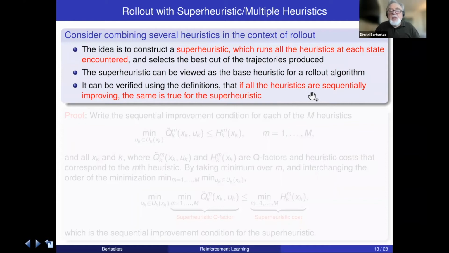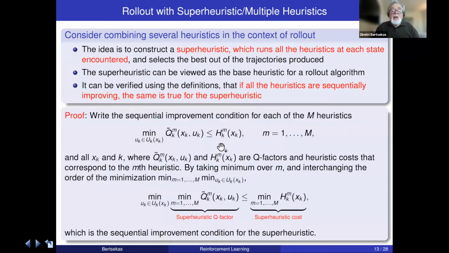And how do we prove this? Well, we prove it by verifying that the super heuristic is sequentially improving. We verify its definition. So the sequential improvement condition for the M heuristics, our hypothesis is that each one of those heuristics, say M out of capital M, satisfies this condition.